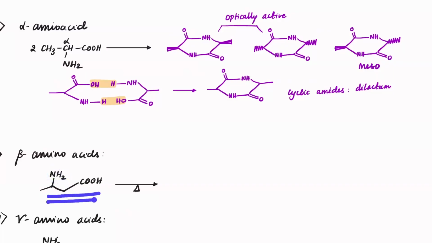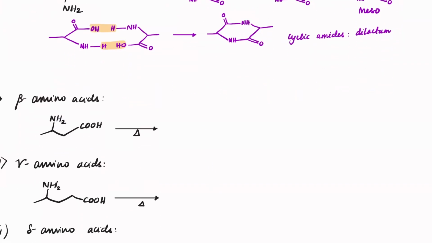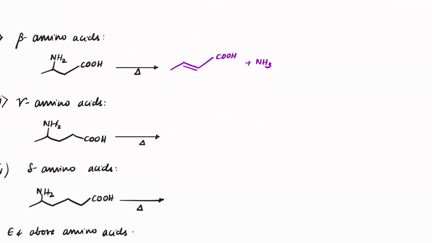Now, if you have amino acids at beta position, we will make an alkene here. Make this as COOH plus NH3. Okay, COOH and NH3. In case you have it at gamma position, we will have it like this: NH connected to C double bond O, and then I'll make a 5-membered ring like this.